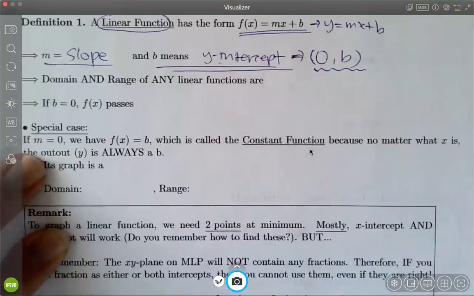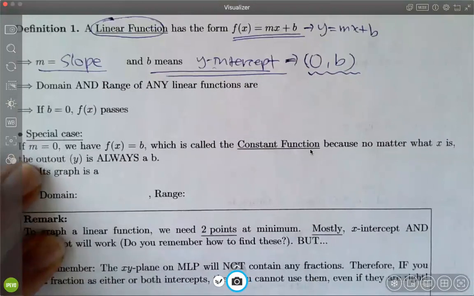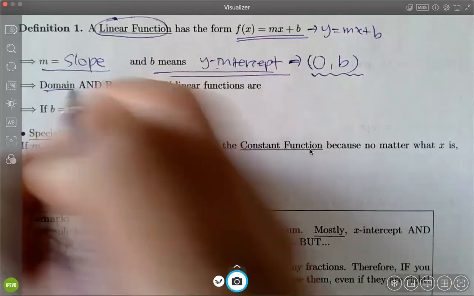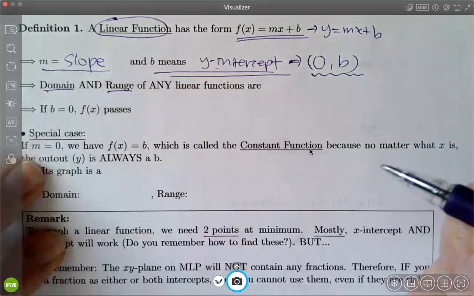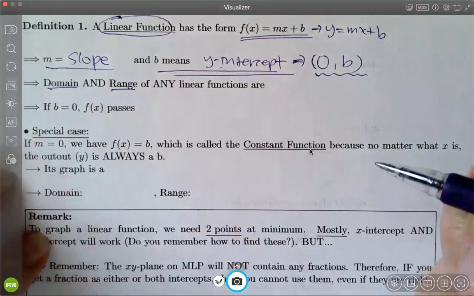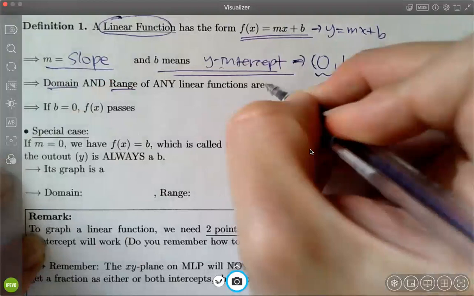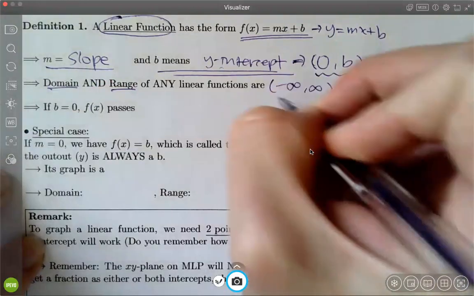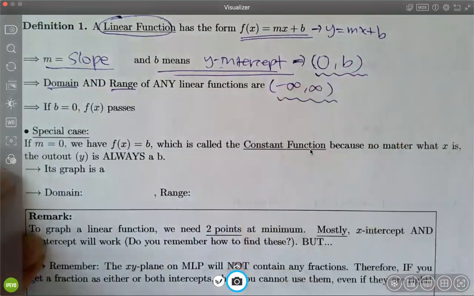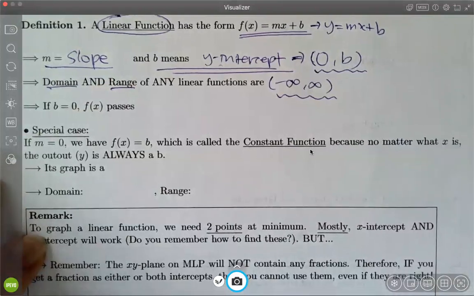Now, the domain and range. I said any, but that's actually false. Almost every linear function has domain and range of everything. The reason is there's no square root and no rational expression. Remember, those two were the special cases. Now, another remark.